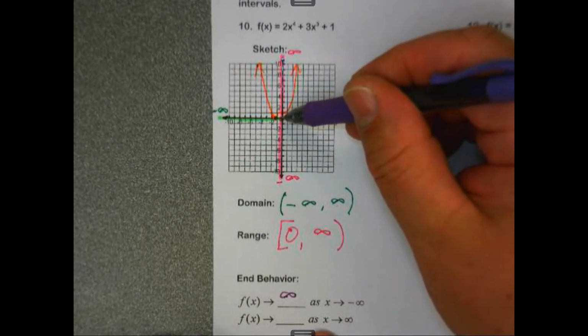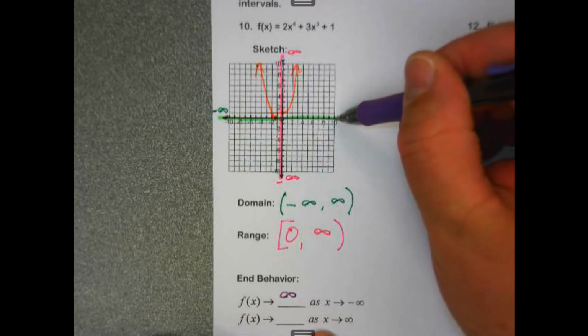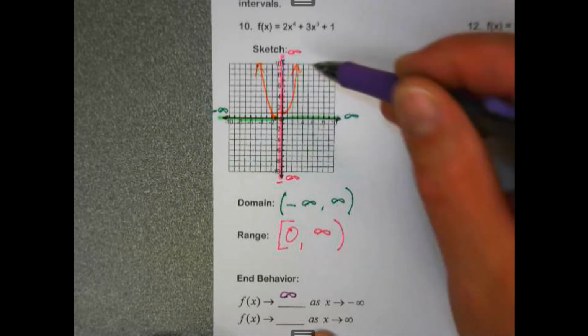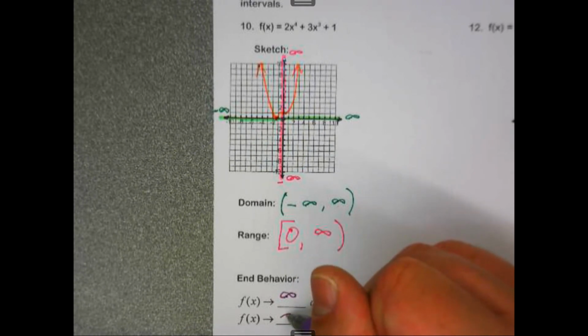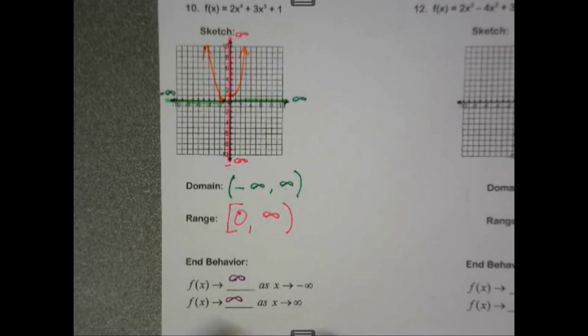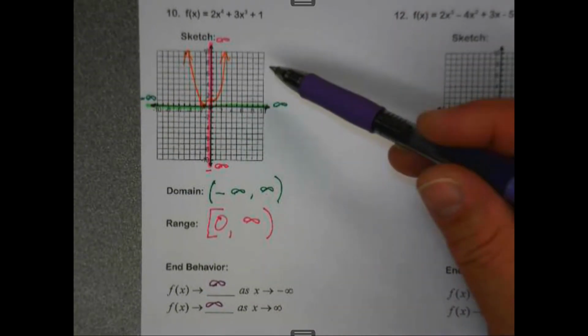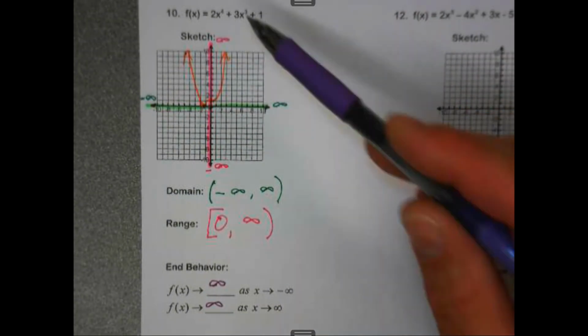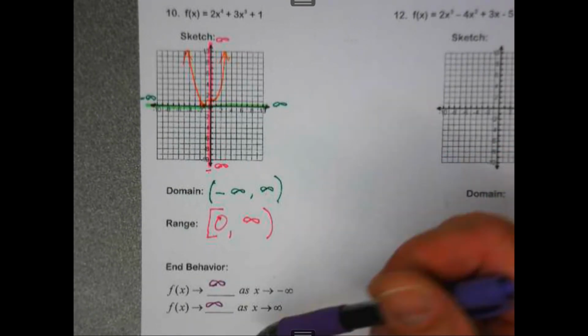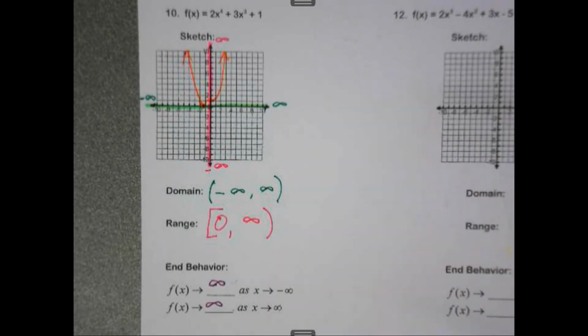As I go to the right, or positive infinity for my x values, my y values also go to positive infinity. So there's my sketch of the polynomial function. Here's my domain and range. And here's my end behavior.